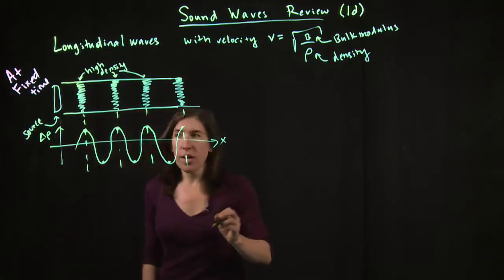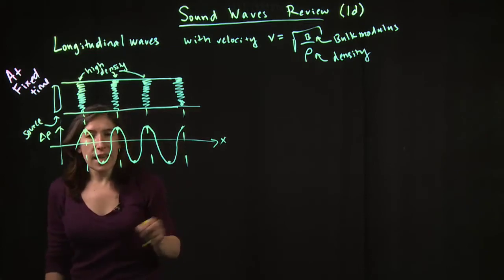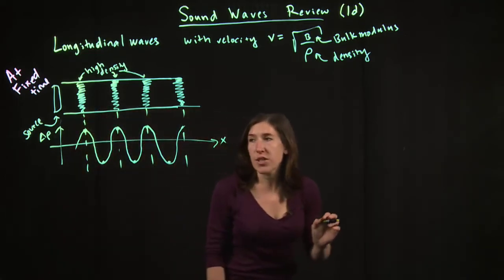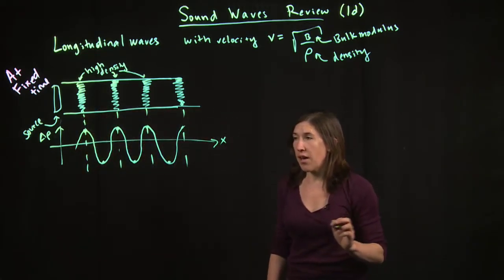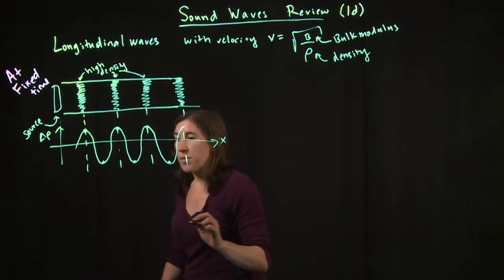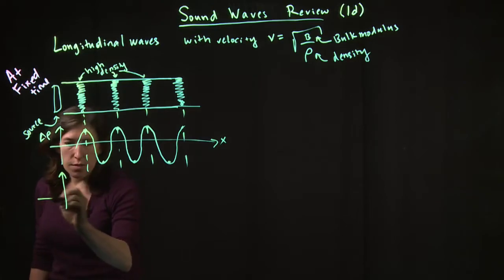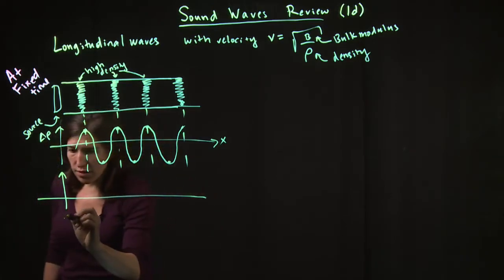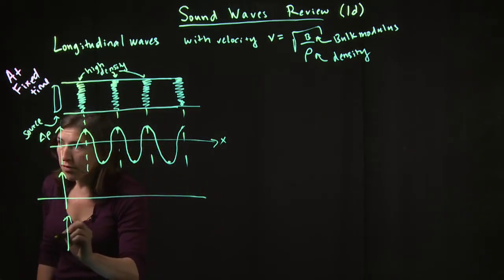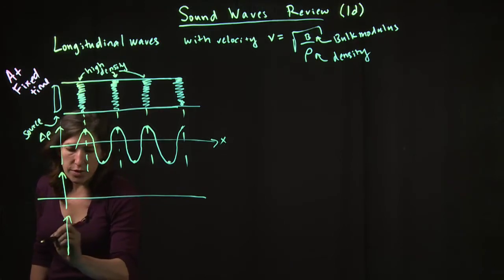And you can show that, so this is the density, and I mentioned that there are multiple ways you can describe a sound wave. So the next is in terms of pressure variations. Let's see, I'm going to draw two more plots here. I'll make sure I have enough room, which it looks like I do.